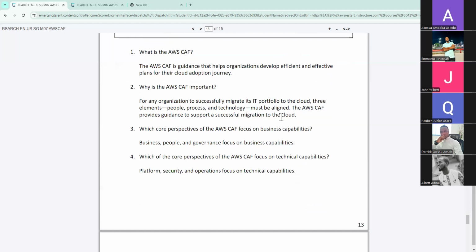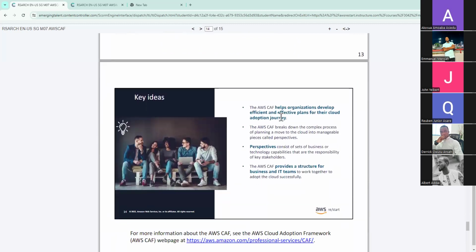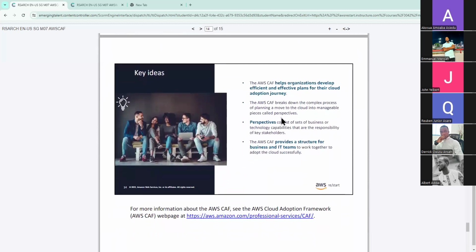You draw a plan, and then that's it. Okay. So the core perspectives on business, that's business, people, and governance. Then when we come to technical, we have platform, security, and operations. Okay. Are there any questions about the cloud adoption framework?